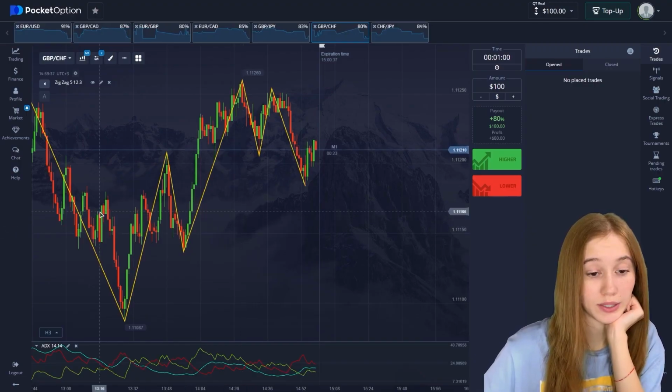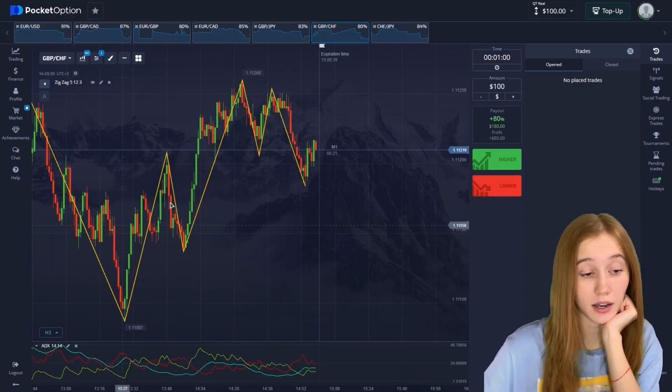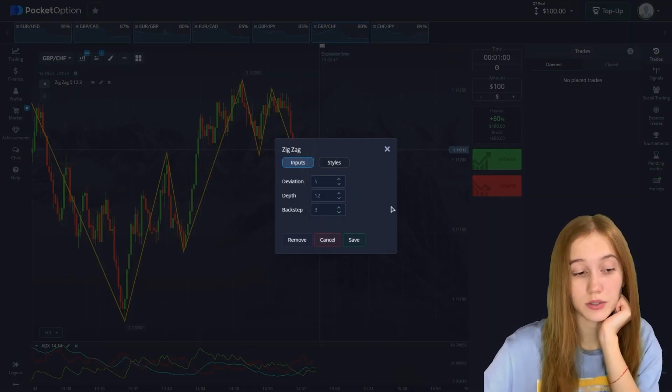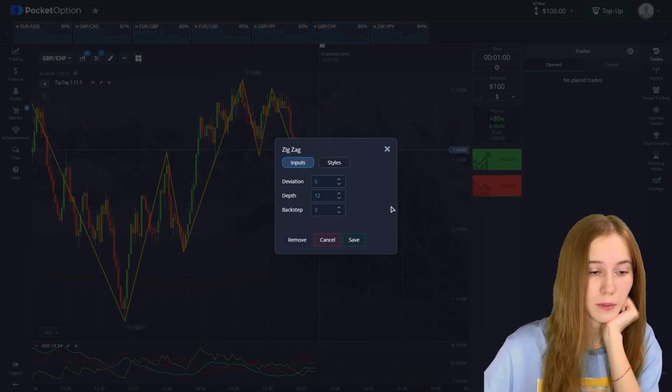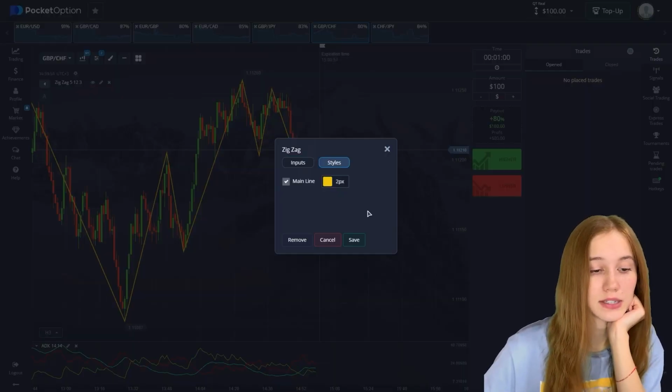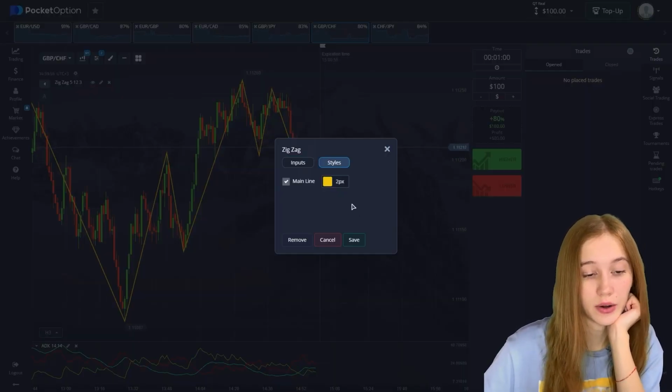I think it will be ZIG, located on our chart. Here are its parameters. You can pause it and screenshot it, copy it.